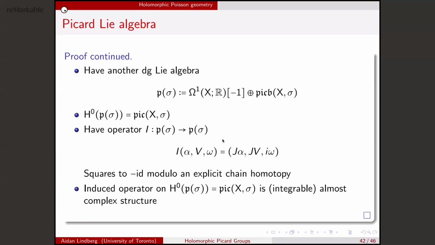When you pass to cohomology, that failure up to homotopy disappears, and you actually get something which squares to minus the identity. The thing you've defined this homotopy complex structure on has zeroth cohomology group Pic, so when I take cohomology, it becomes a genuine complex structure on here.